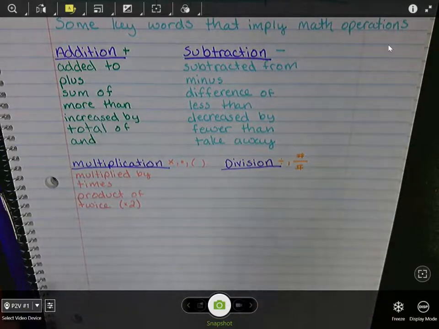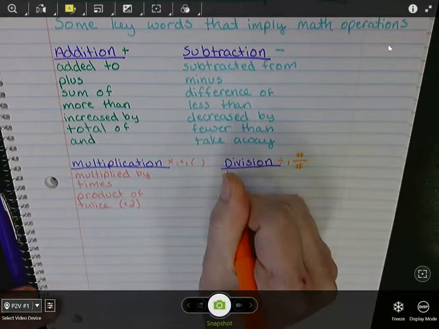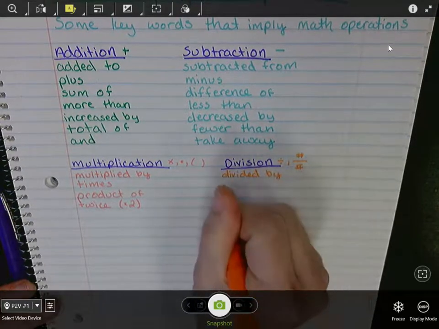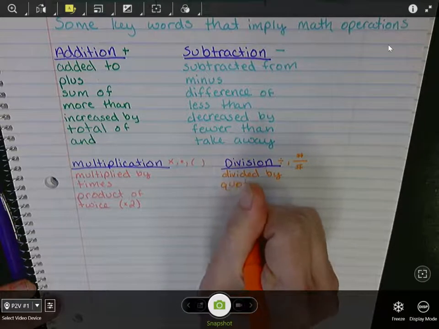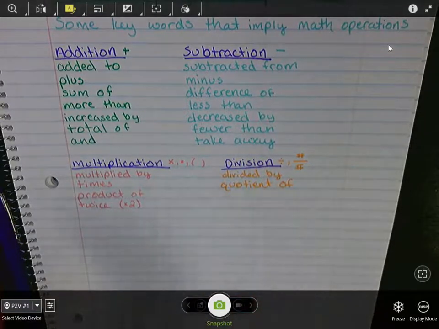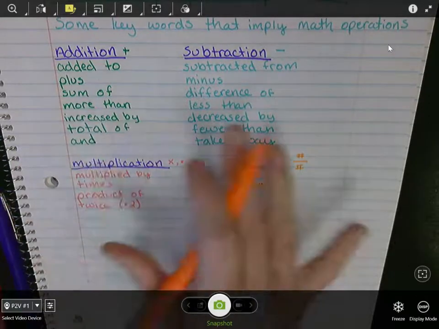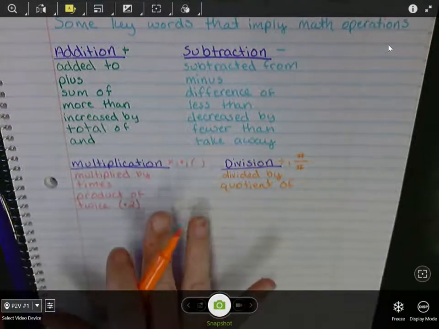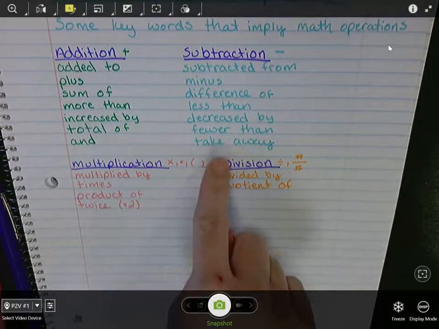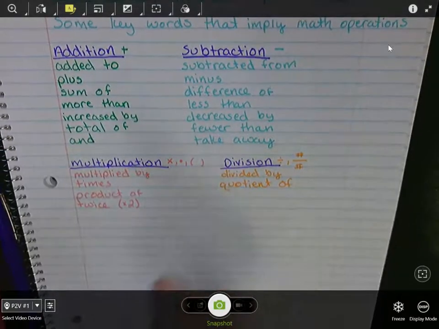Some keywords for division would be the words divided by and quotient or quotient of. The quotient is the answer you get when you divide. So these are all some keywords. You want to make sure you have those written down so that when you see a phrase, you can come back and look and see where it's located, and that tells you what you need to do.